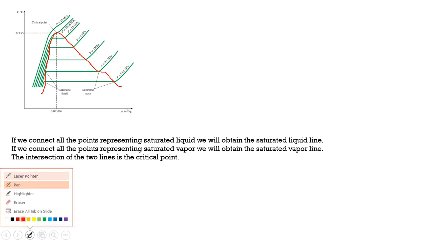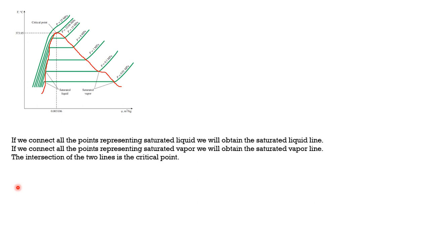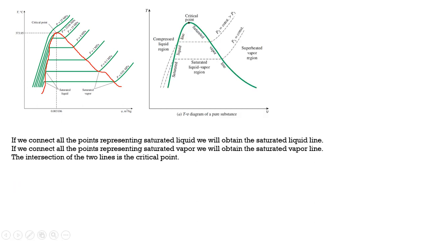Okay, so this is the next one. This is the TV diagram of a pure substance. The left curve is called the saturation liquid line and the right curve is called the saturation vapor line. If you connect all the points representing saturated liquid, you get the saturation liquid line, and similarly for the saturation vapor line.